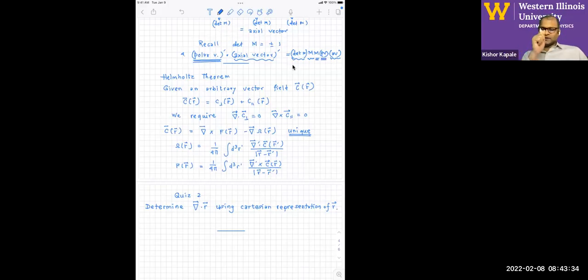So if you have actual character appearing once on the right side and on the left hand side, then it will have only one determinant factor there. That means this is not a scalar. It is what we call a pseudo scalar. There's an extra determinant M factor, which is plus or minus one, appearing in there.